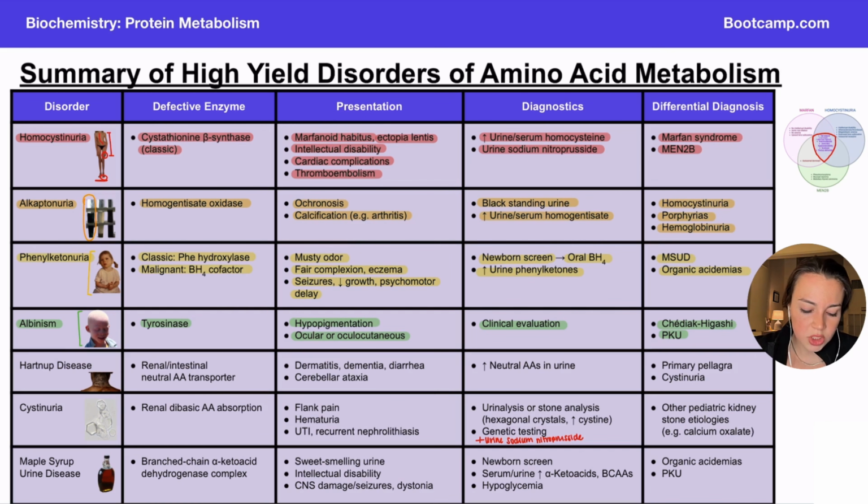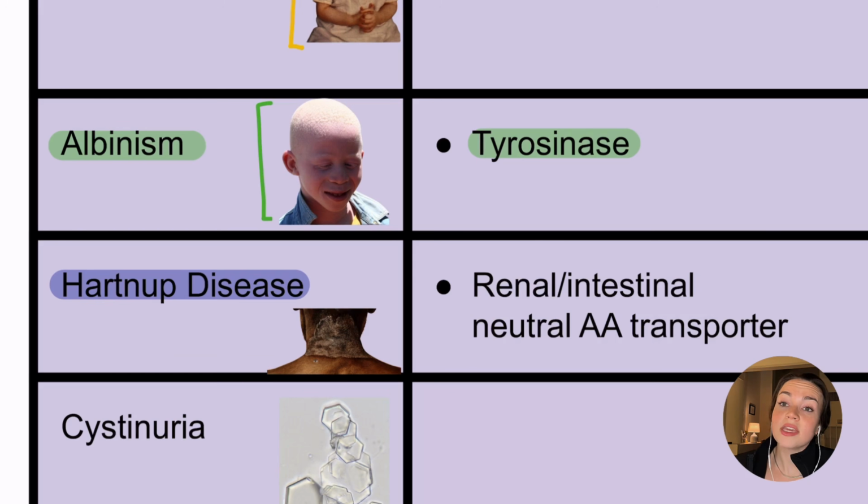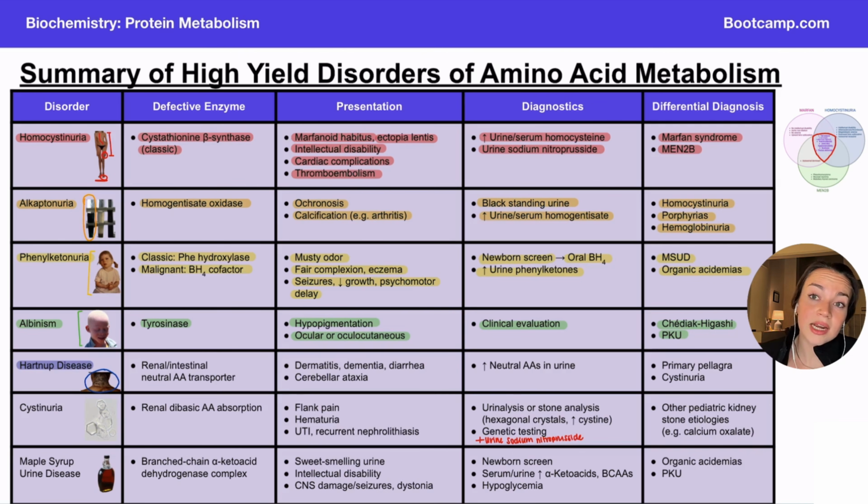Next disorder we're going to talk about is Hartnup disease. And the image I selected here is the dermatitis associated with pellagra, that cape-like rash in the C3-C4 dermatomal distribution. We'll come back to that in a minute, but it's a really important rash to be able to identify. Hartnup disease is a problem with the renal and intestinal neutral amino acid transporter, which causes an inability to reabsorb neutral amino acids like tryptophan.